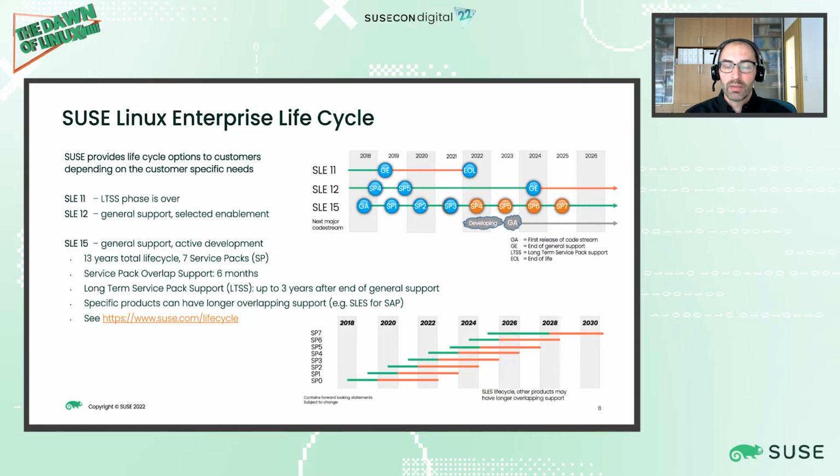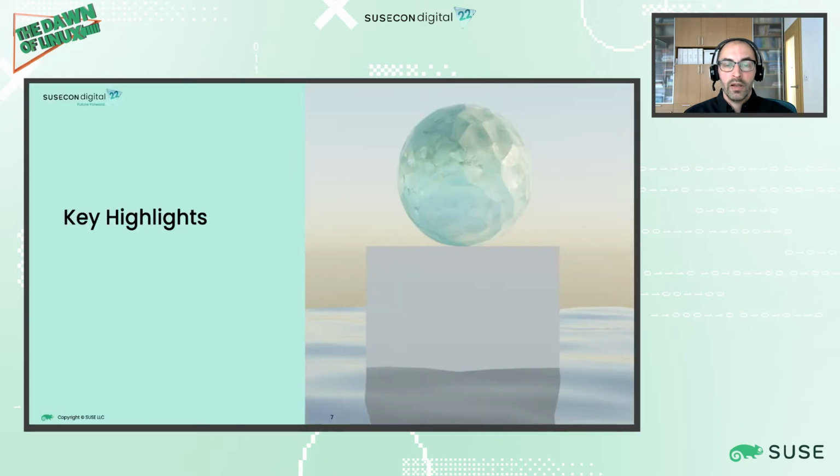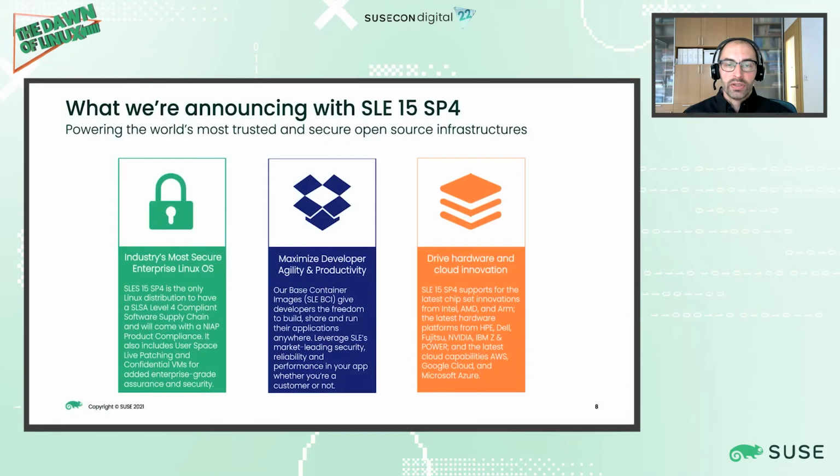There is 6 months overlay support, and all various products can actually share the life cycle or differ a little bit. So I would encourage everyone to go to suse.com/lifecycle to get the details for each product on the respective life cycle.